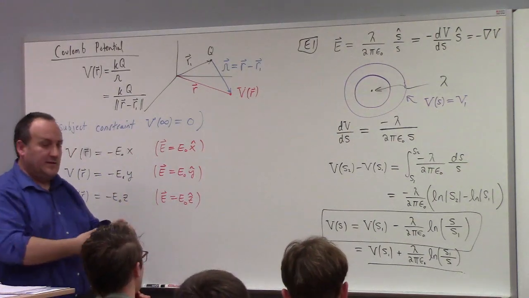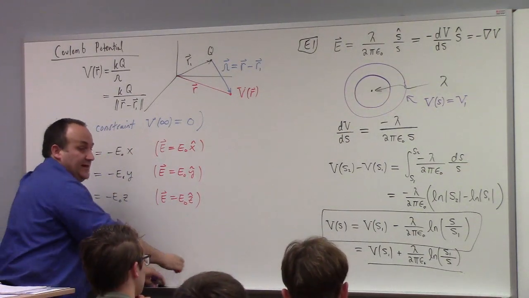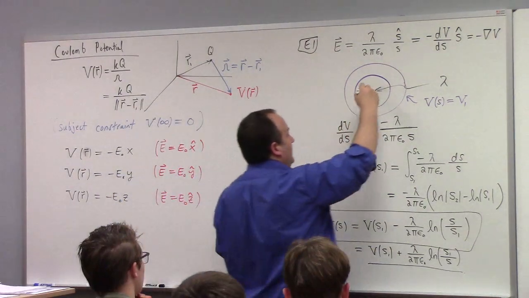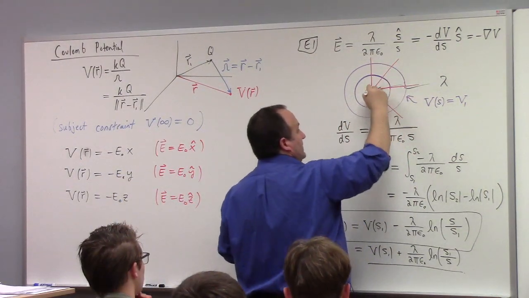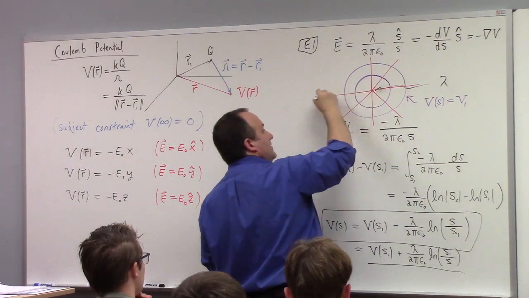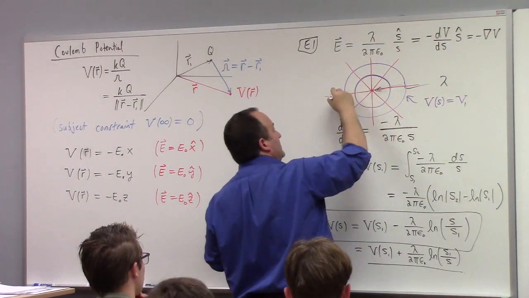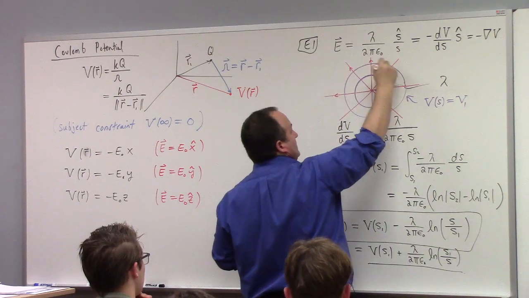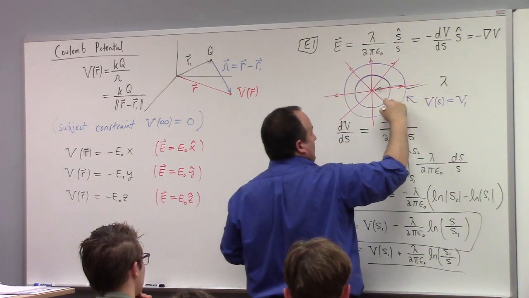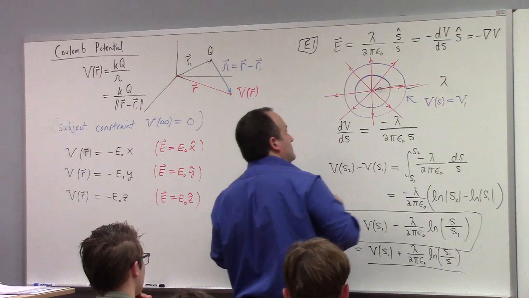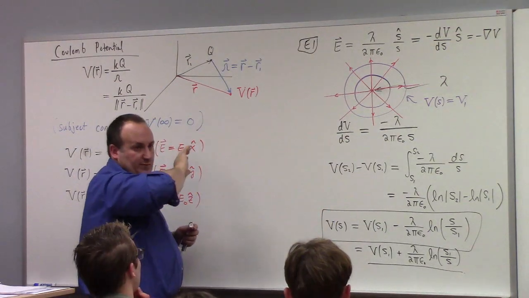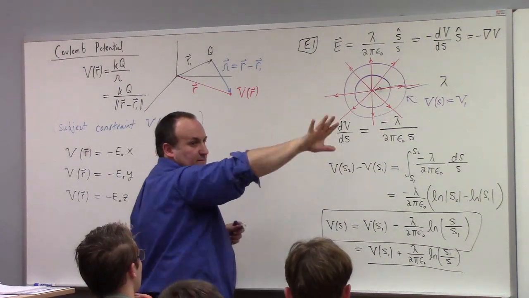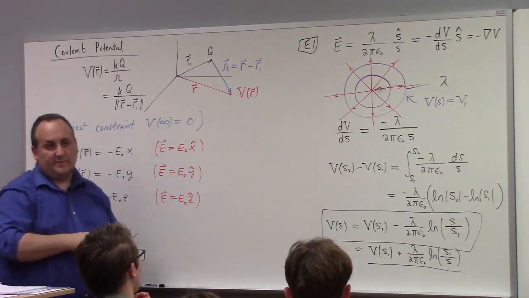That makes sense, because what's the picture for the electric field lines here? They are orthogonal trajectories, perpendicular to the equal voltage surface, if you want to think three-dimensionally. And so of course the electric field pushes a point charge away from the line charge, assuming the line charge is positive.